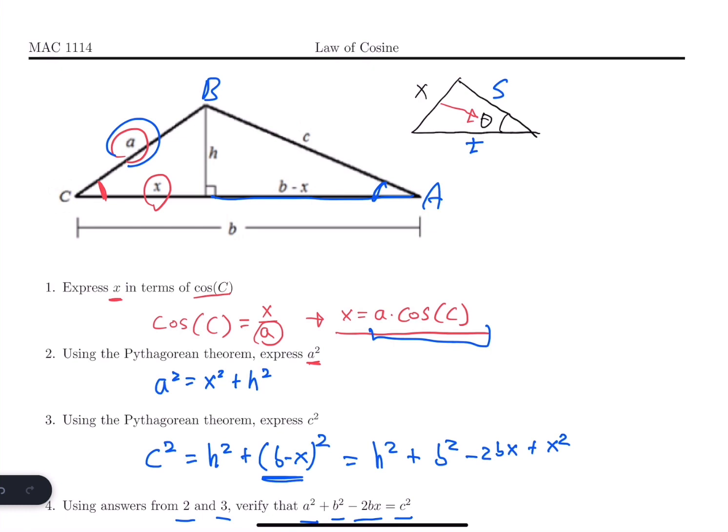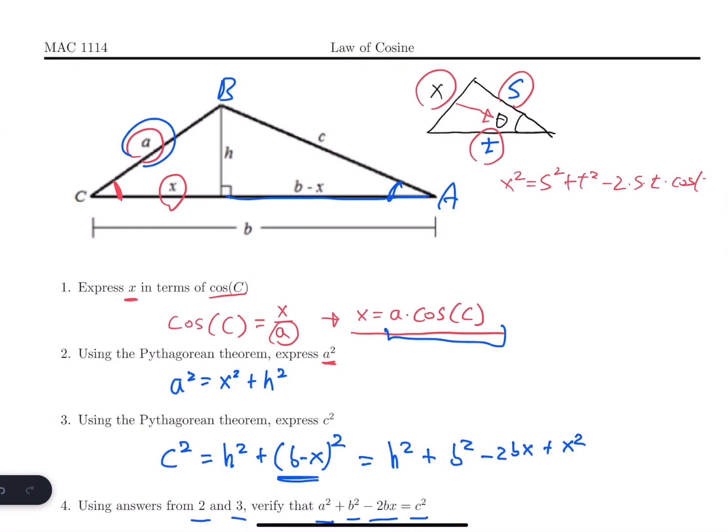Using the law of cosines, since we have three lengths, I can rewrite this as x squared equals s squared plus t squared minus 2 times s times t times cosine of the facing angle, in this case theta. So if you're given three lengths, we can relate the three lengths with cosine theta. That's why this is known as the law of cosines.